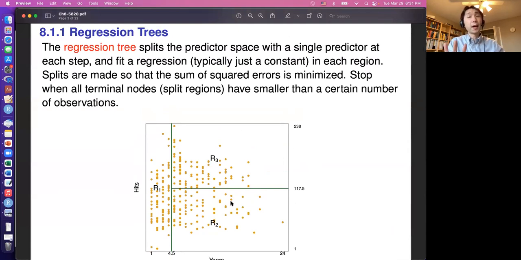Anyway, we optimize the number of splits later, but we can divide until each region has fewer than a certain number of observations. For example, suppose that we have 200 observations, then we split until each region has at most 5 observations, for example.